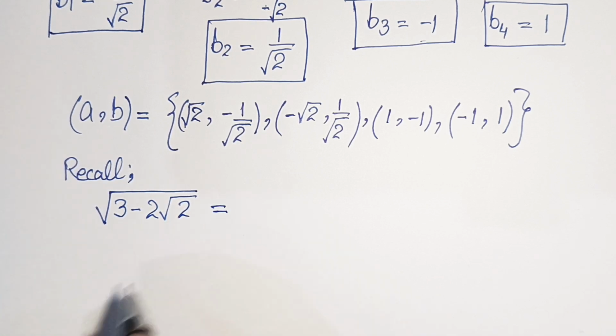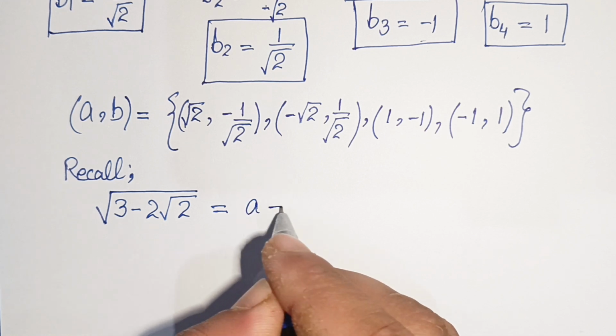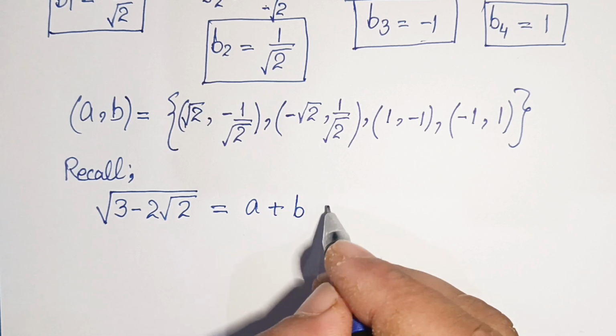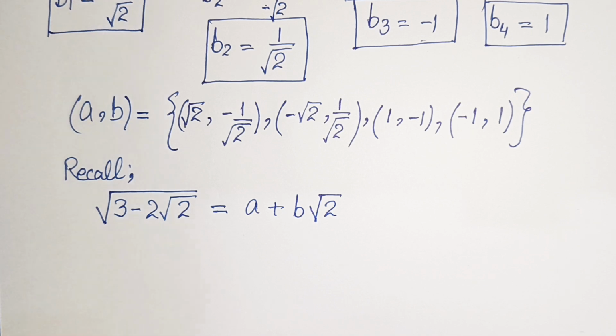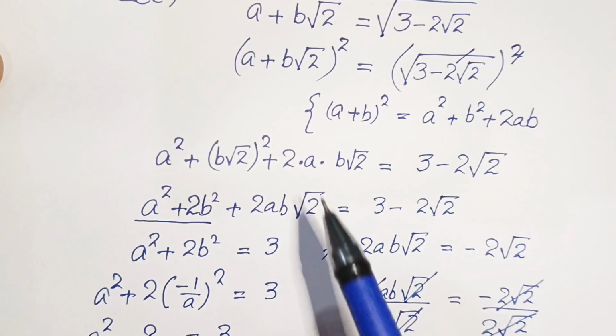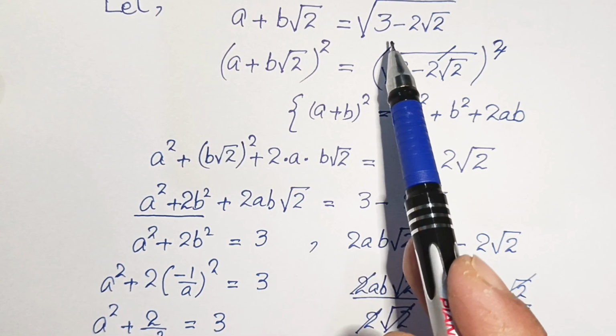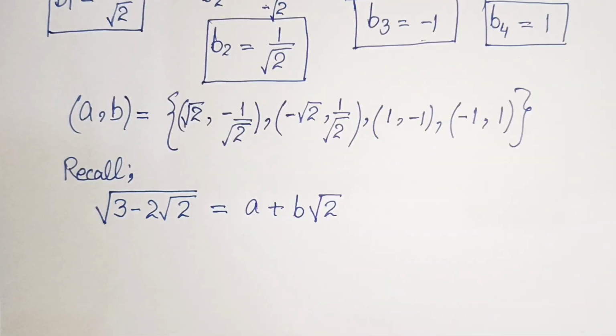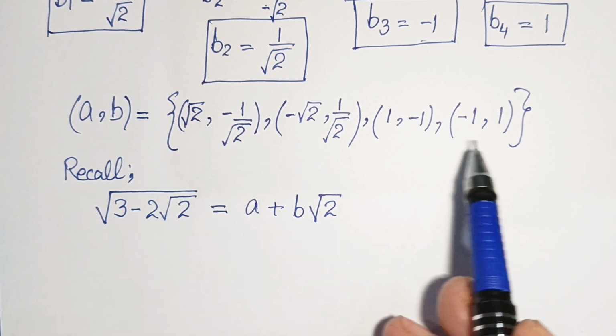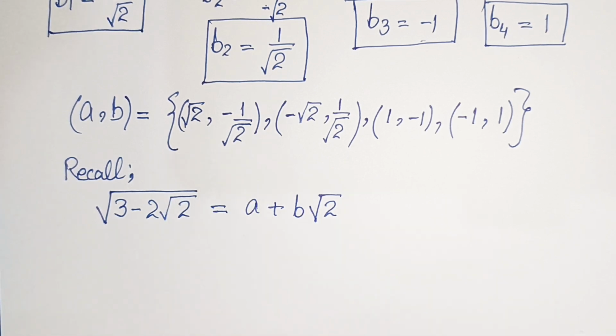So it is equal to, as we have supposed at our start, our first step, a plus b times square root of 2. As we have just supposed, here we have a plus b times square root of 2 is equal to the square root of 3 minus 2 times square root of 2. Now here we have the values of a and b. We have 4 values of a and similarly 4 values of b.